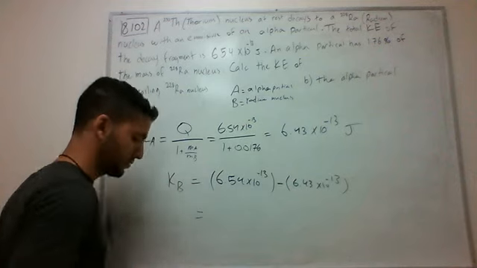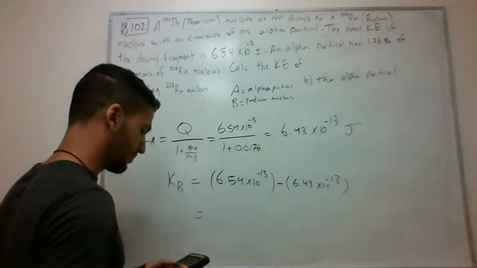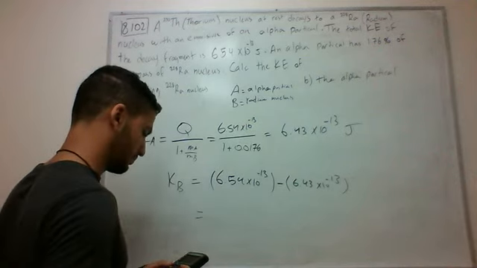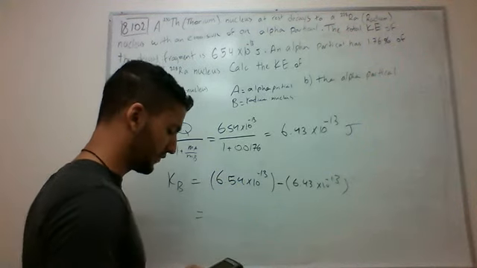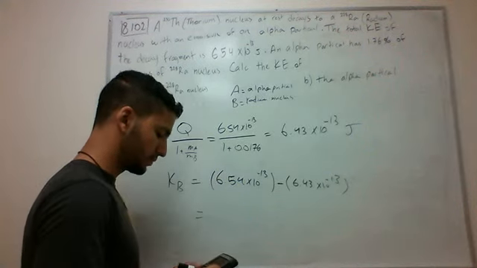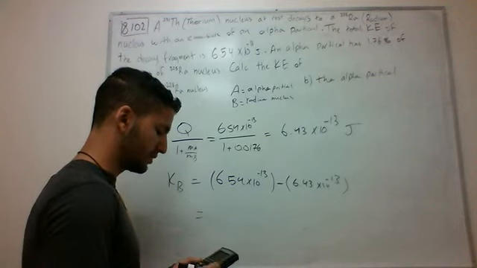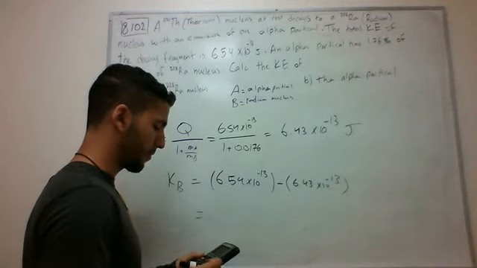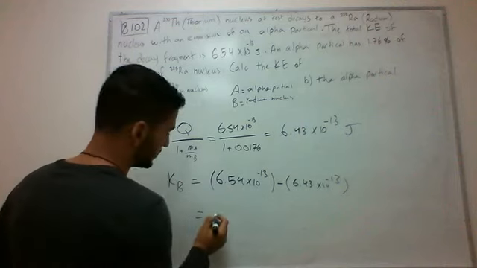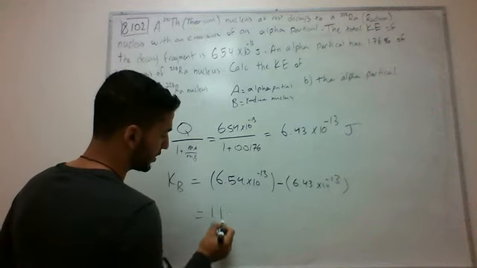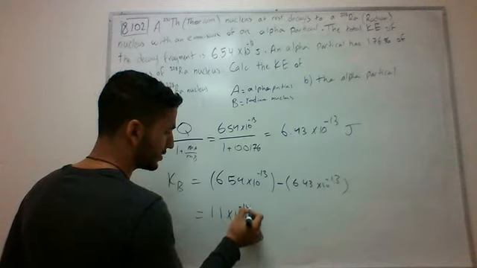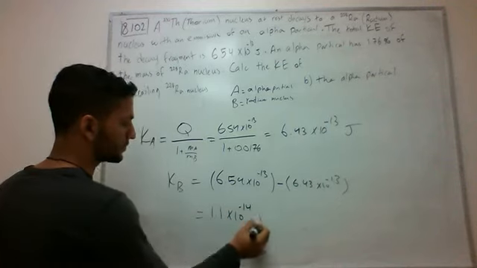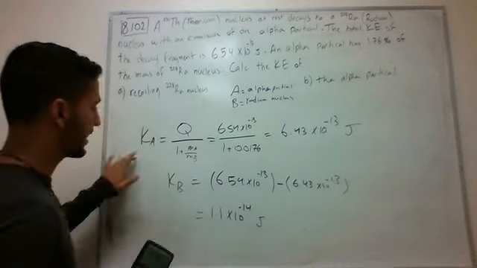So we subtract 6.54 times 10 to the negative 13 minus what we have right here. And this is going to give us 1.1 times 10 to the negative 14 joules.